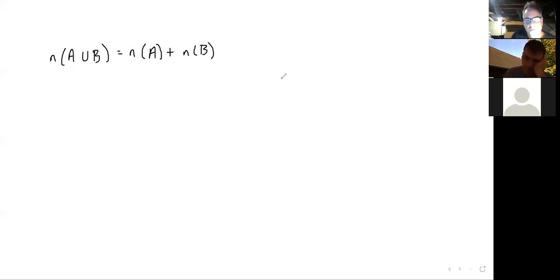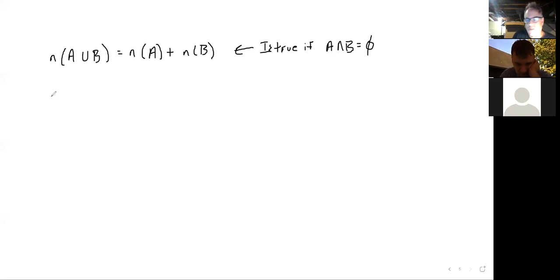So this right here is true if the intersection is empty. That is, they're disjoint. They have nothing in common.